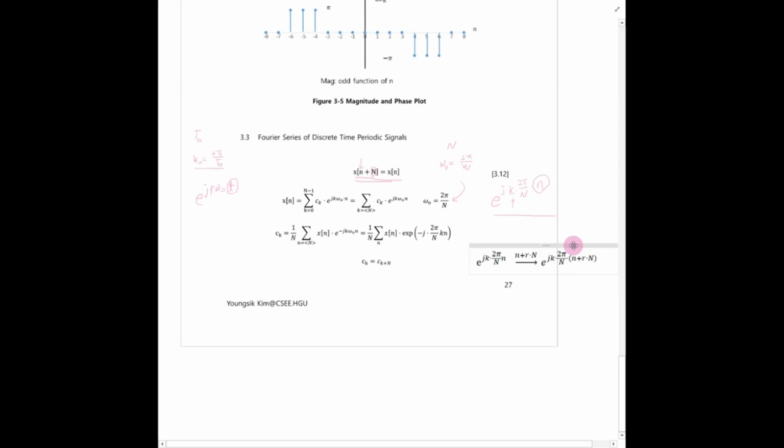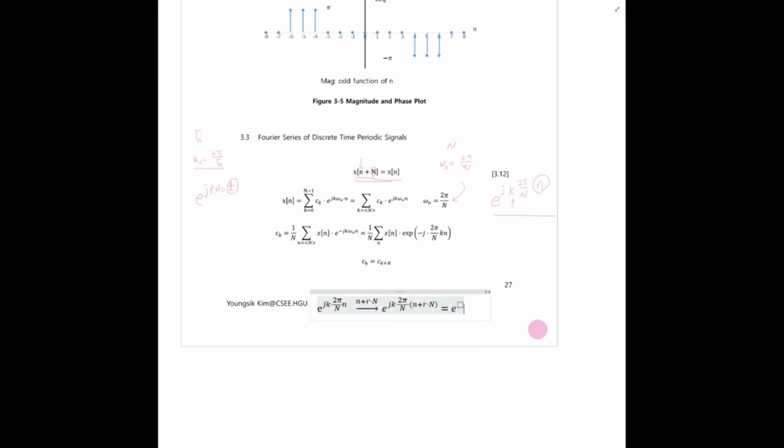I would like to explain the complex exponential property. In this case, e to the j k 2 pi over N is the same, because you know that e to the j k 2 pi over N times r N. Then the N in the denominator and the numerator disappear, so it gives this way.